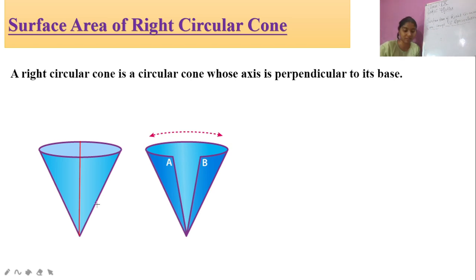You can see this is a circular part and we have a radius which is r. Okay, so this right circular cone is a circular cone whose axis is perpendicular to its base. So whenever we find which one of the following is the right circular cone, you have to remember these points.